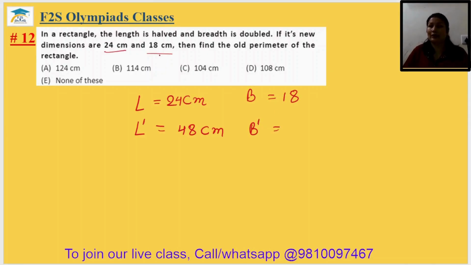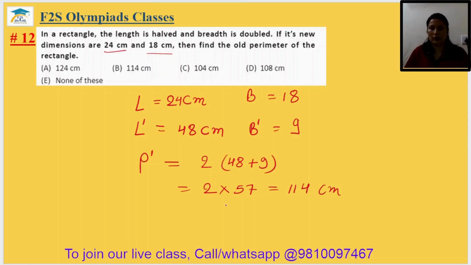Since breadth is doubled, the old breadth is 9 only. Now perimeter of the old rectangle, suppose that is P dash. So P dash will be 2 into (L dash plus B dash). So 48 plus 9, that is your 2 into 57 equal to 114 centimeter. It is in the option number B. So 12th answer is option B.